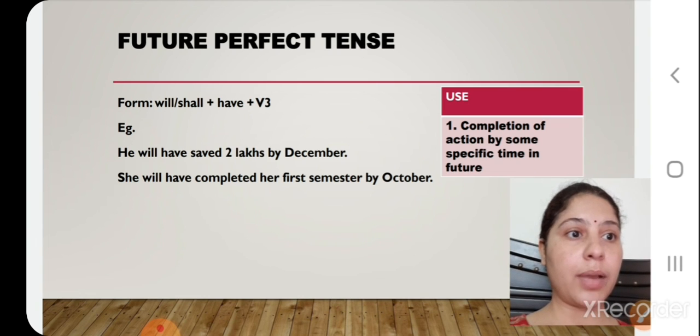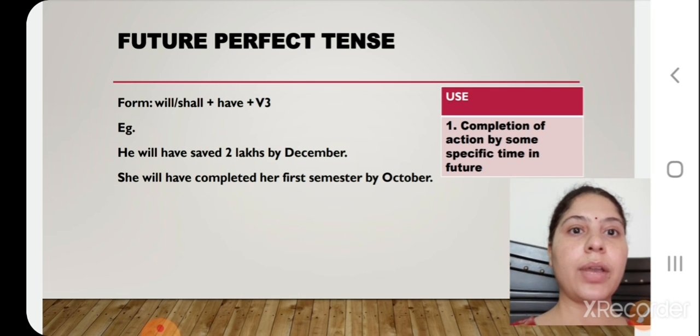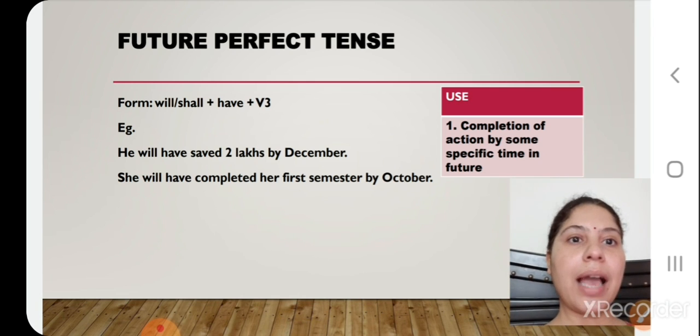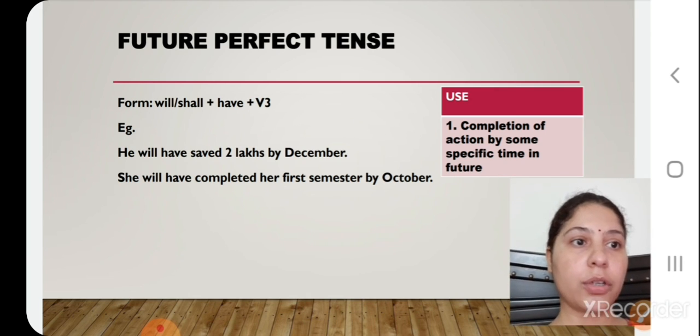We know that by March you will write the exams and your 10th class will be over by then. So we can say you will have completed your 10th by March 2020. Here also you can look at the example. He will have saved 2 lakhs by December. She will have completed her first semester by October.